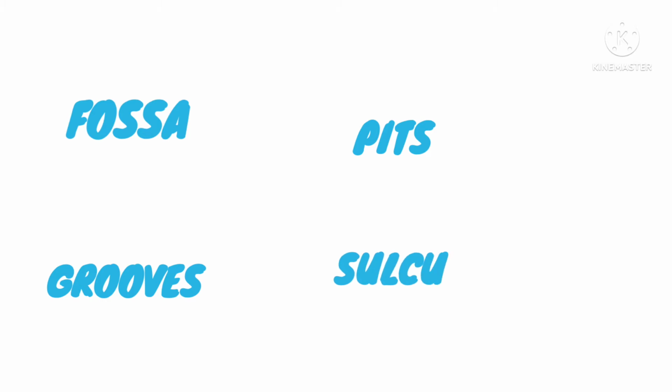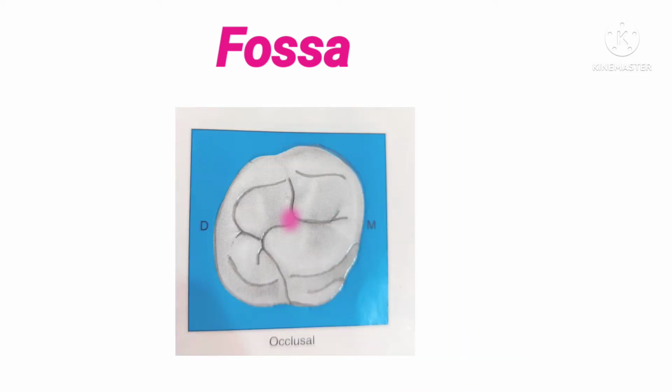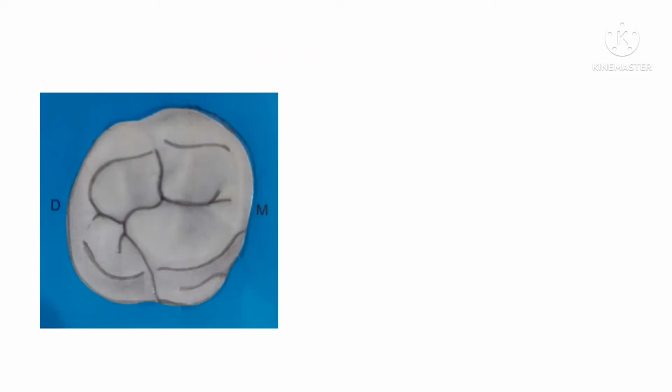Depressions on the tooth surface include fossa, grooves, pits and sulcus. Fossa can again be divided into lingual fossa, which are seen only on the anterior teeth, and central fossa and triangular fossa, which are seen usually on the posterior teeth. A fossa is an irregular depression or concavity.